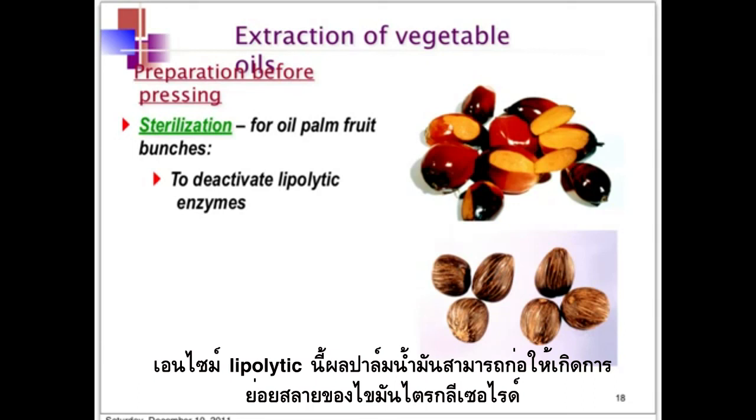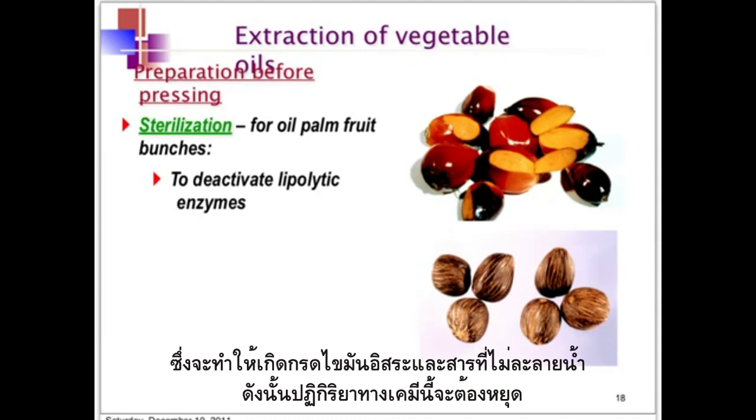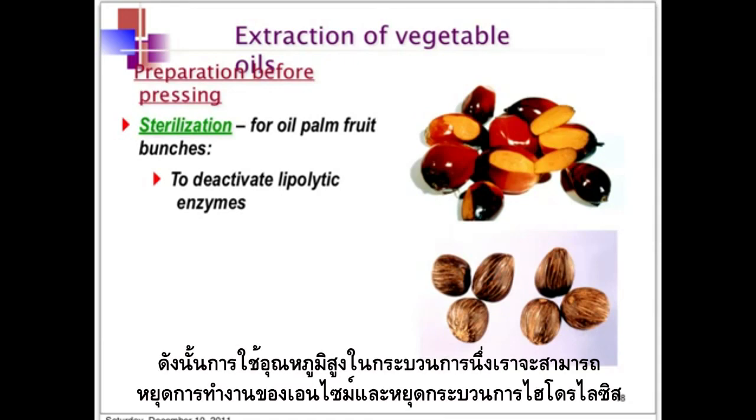The lipolytic enzymes such as lipase in the oil palm fruits can cause hydrolysis of the triglycerides or the fat to produce free fatty acid, and this is an undesirable chemical reaction that needs to be stopped. So by using the high temperature in the sterilization process, we can deactivate the enzyme and stop the hydrolysis process.